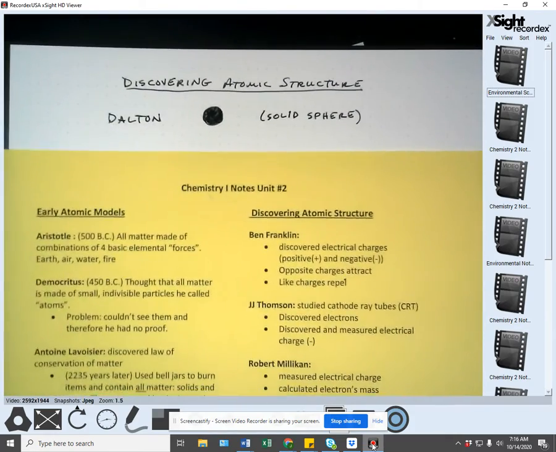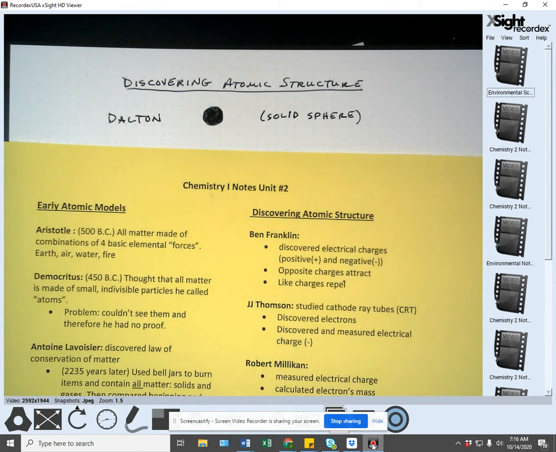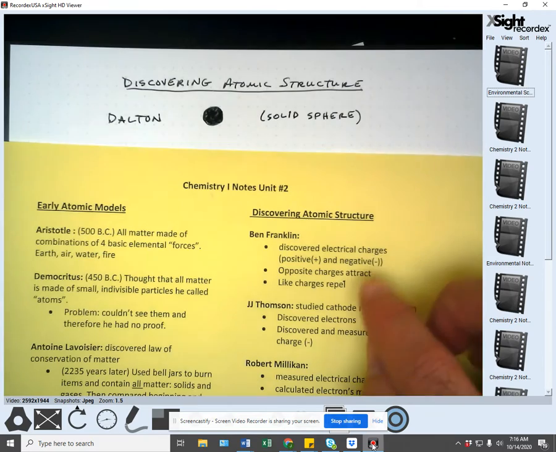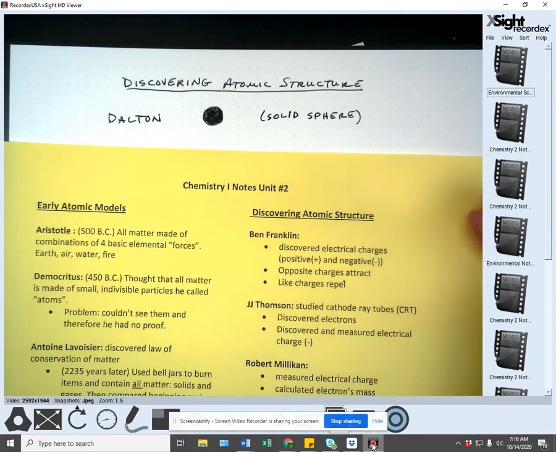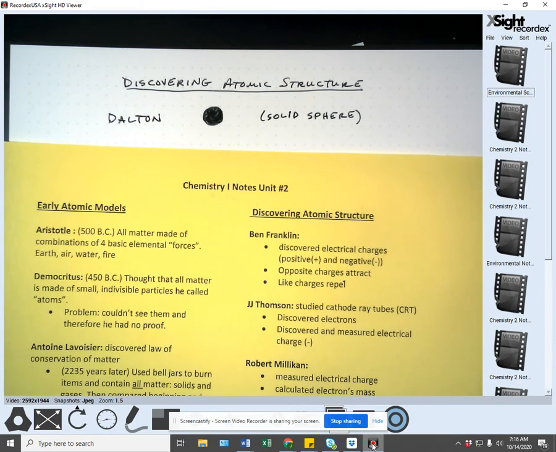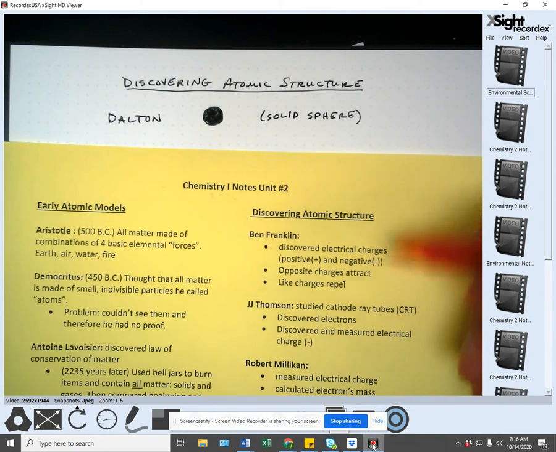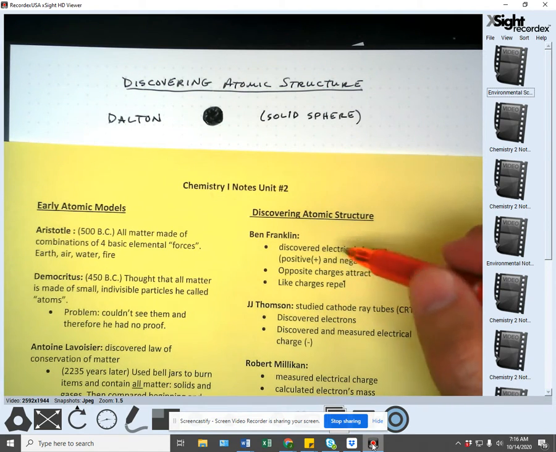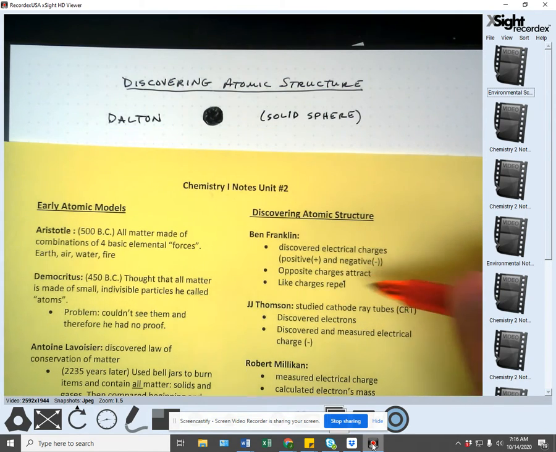Then Ben Franklin comes in and he discovers electrical charges, that there are positive and negative charges that exist in the world. And he found some information about them, that opposite charges attract and like charges repel.